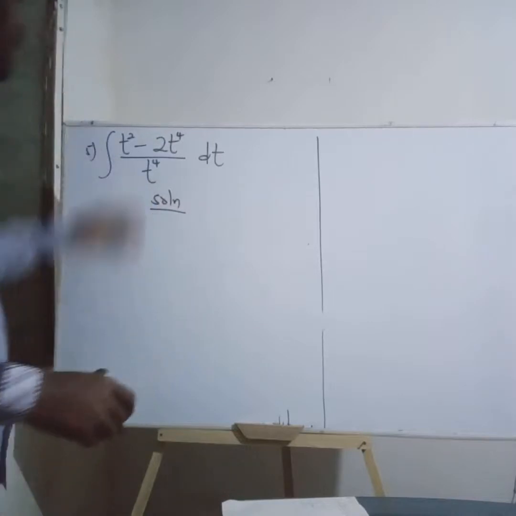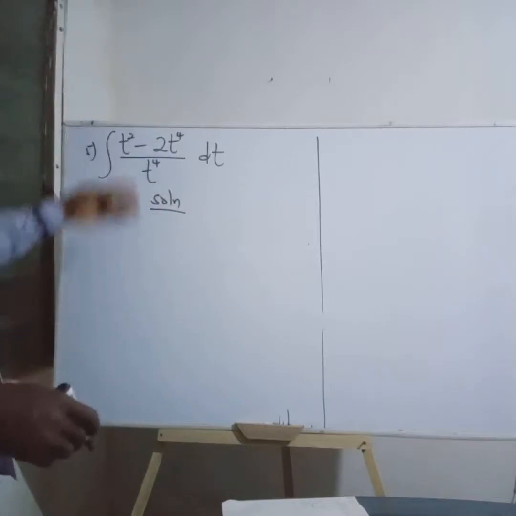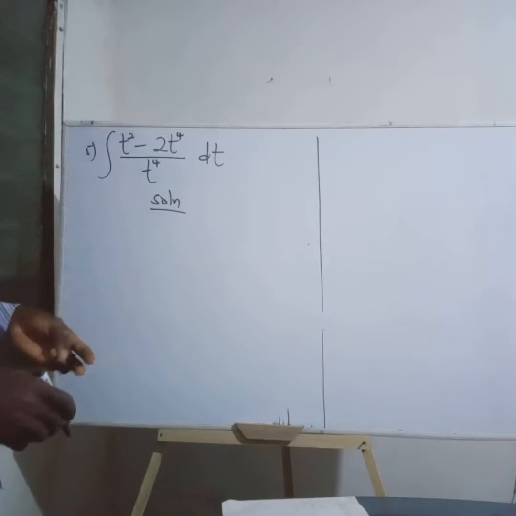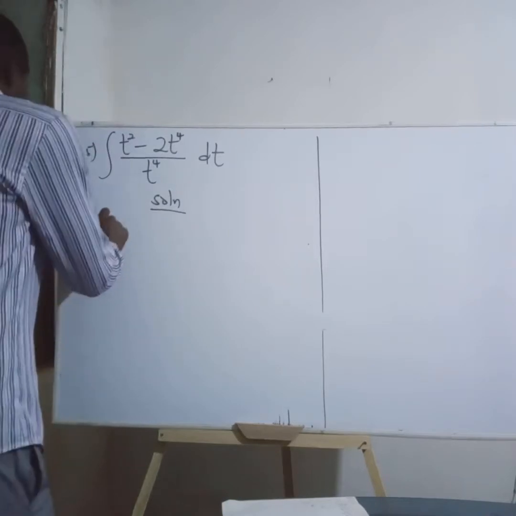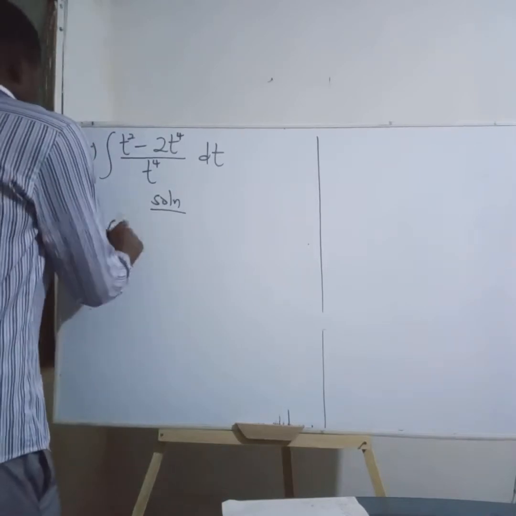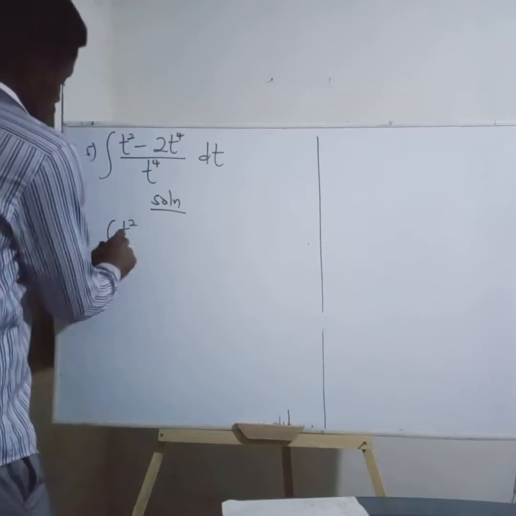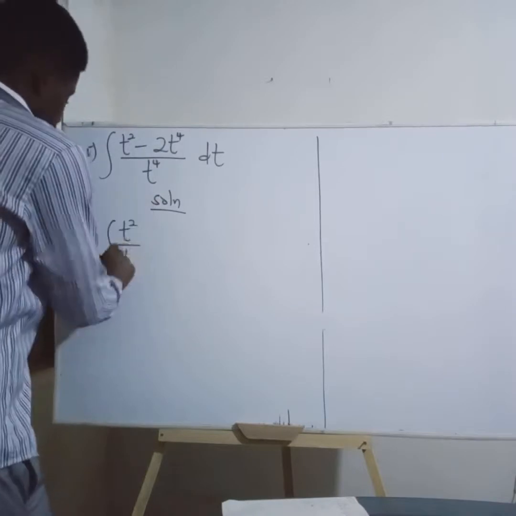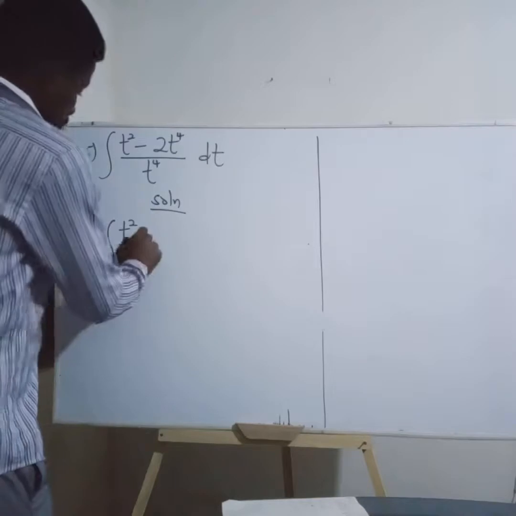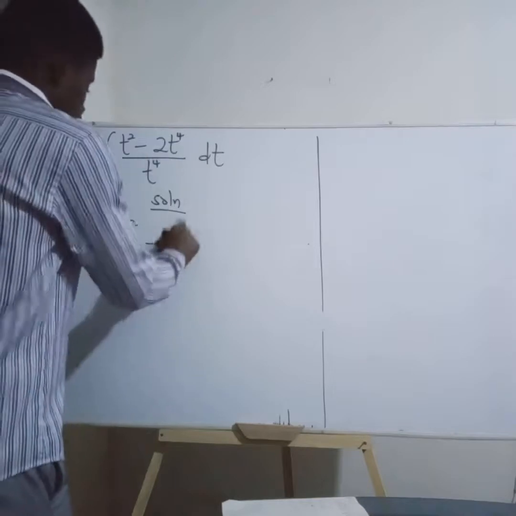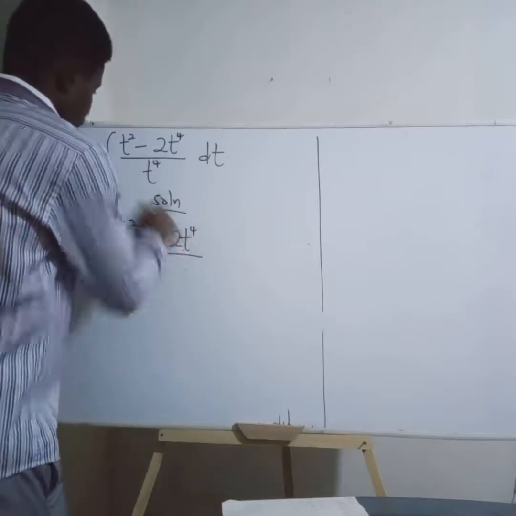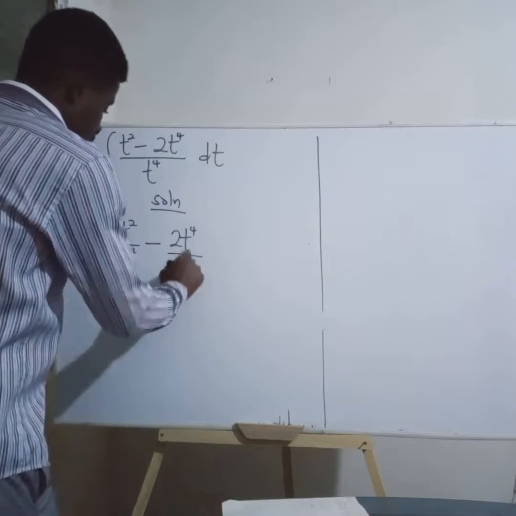Before we can integrate this, we need to do simple algebra here. I'll have the integral of t to the power 2 divided by t to the power 4 minus 2t to the power 4 divided by t to the power 4.